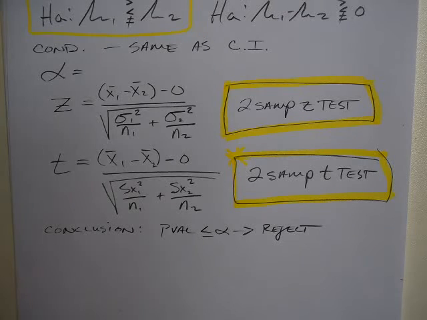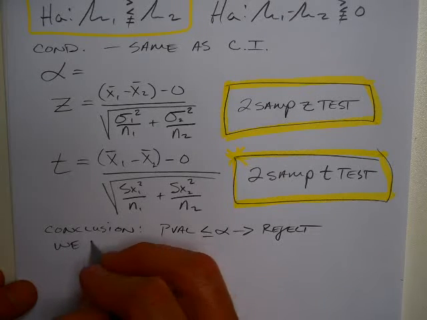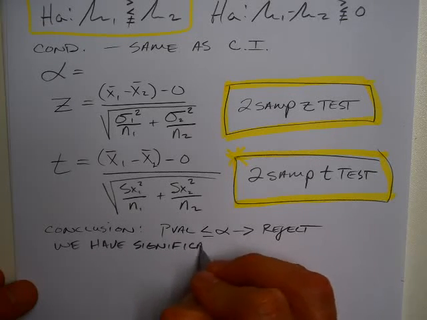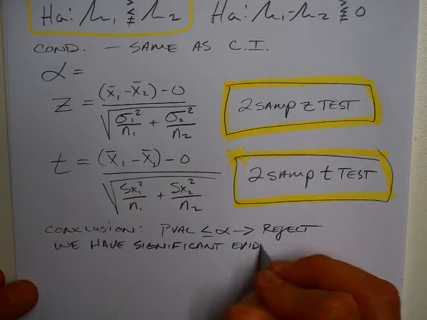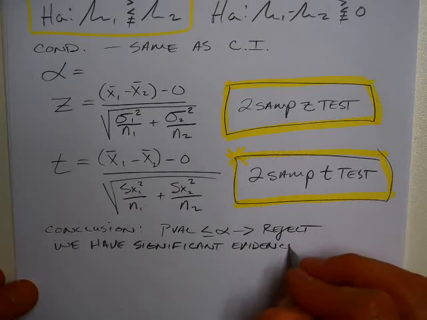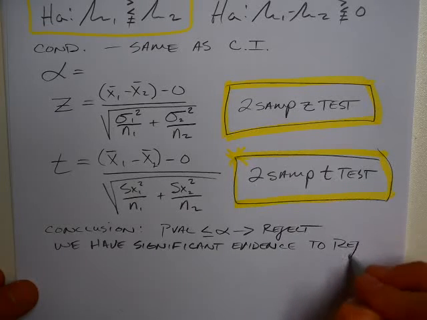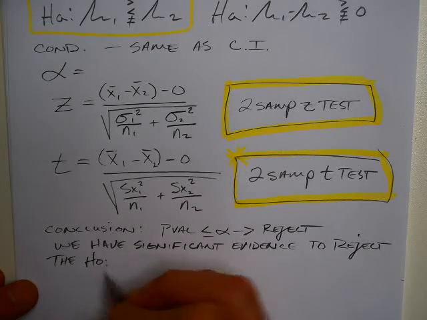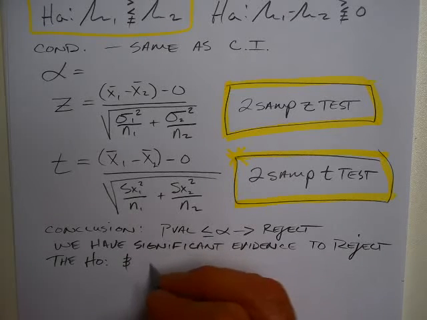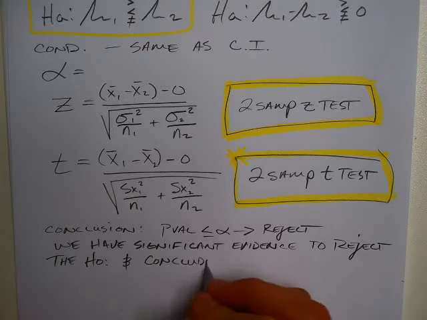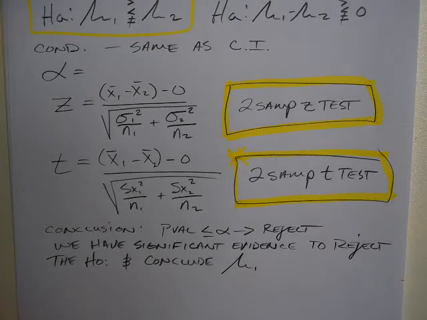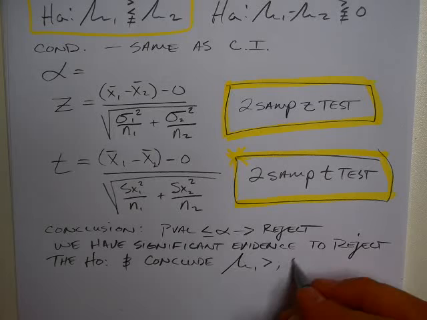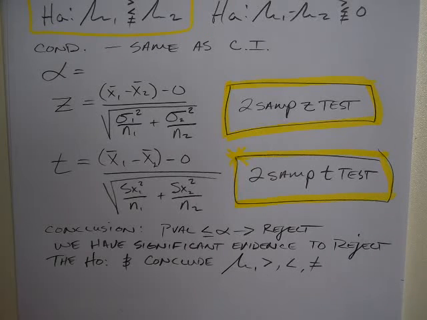So we're going to have a statement that says something like, we have significant evidence to reject, and we're going to conclude that mu sub 1, if we're rejecting the null which says that it's equal, is either greater than, less than, or not equal to mu sub 2, depending on what the alternative is.